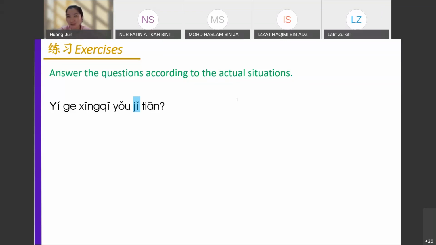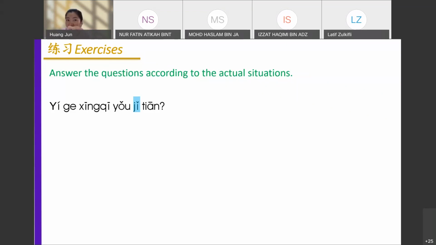Never mind. I'm giving you the freedom to give your opinion, so I can know how many people already understand. Then 几 means how many. So what's the answer for 几? I already told you. It's a number more than 10 or less than 10.